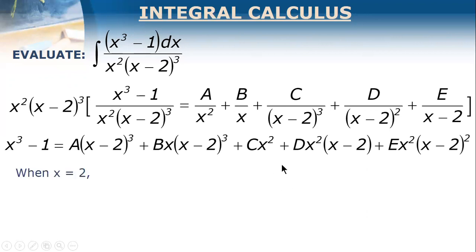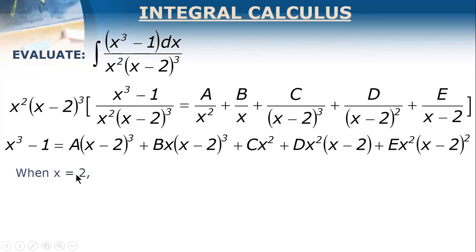So the next step is this. Substitute. This is true for all values of x except x equal to 0 and x equal to 2, so that it will not be undefined.